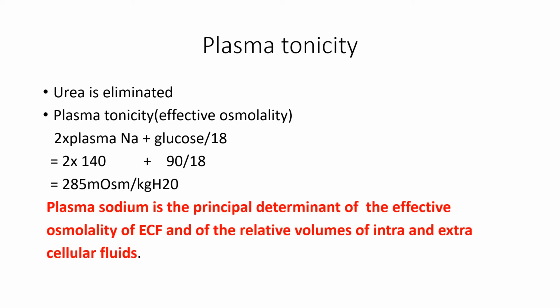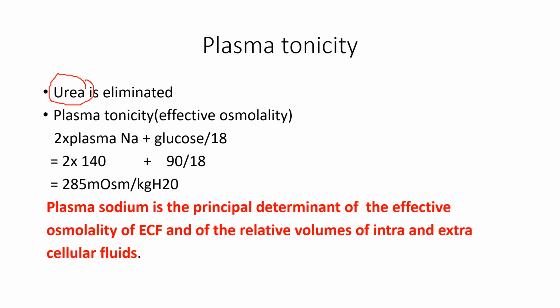The plasma tonicity, as we said before, tonicity is the effective osmolality. So urea must be eliminated because it can pass freely between extracellular and intracellular fluid, and so it will not produce an effective osmolality regarding water passage through the semipermeable membrane.